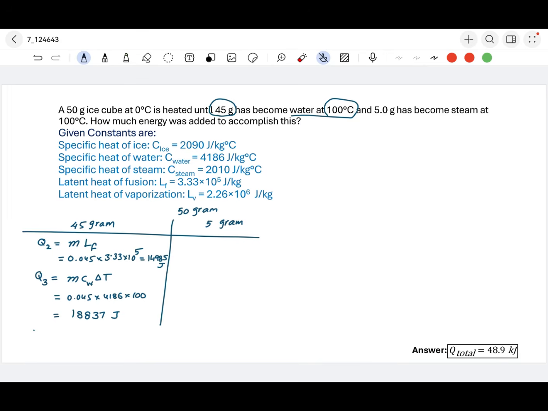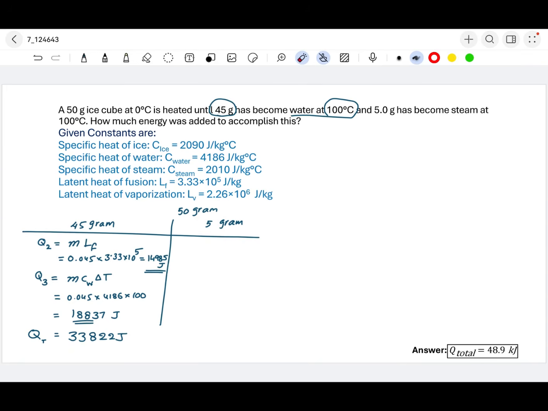So for the 45 gram, the total value is, add these two, 33,822 joule. Now let's focus on the second case, that is for the 5 gram.